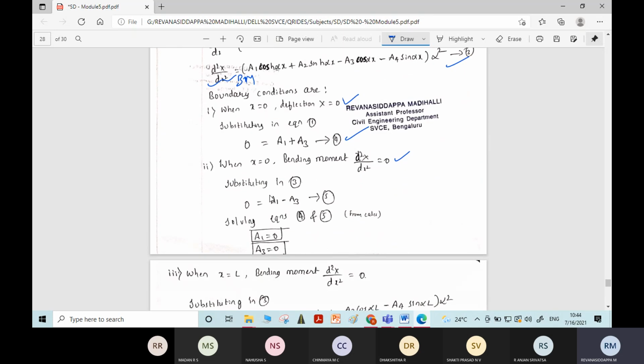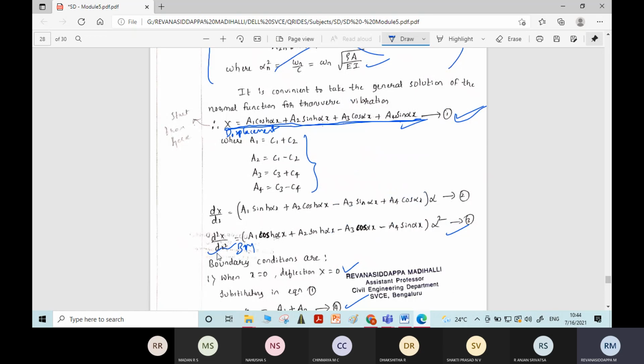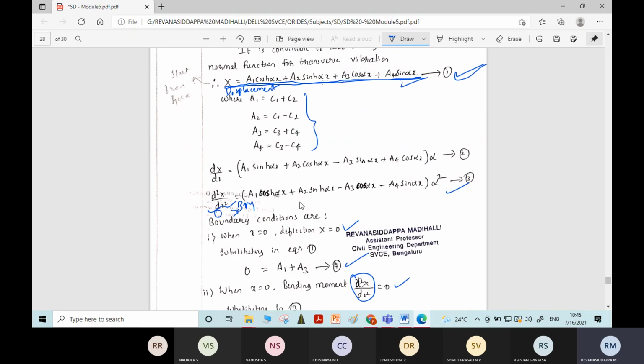If you substitute x equal to 0 in all these terms, you will get a1 minus a3. This term becomes 0 and this term becomes 0.